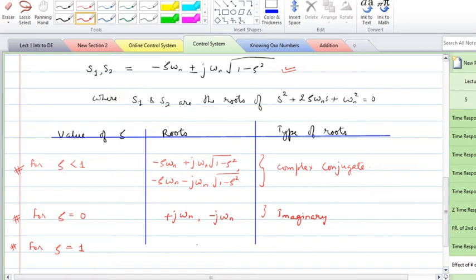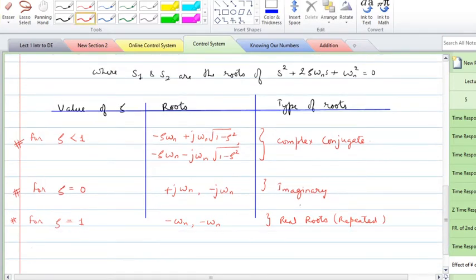Okay, and these repeated real roots are minus zeta omega n, that is, with zeta equal to 1, minus omega n and minus omega n. Okay, that is the real roots, repeated. Or specifically we can say that these roots are negative real roots.